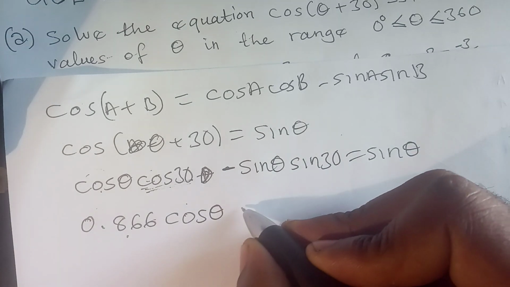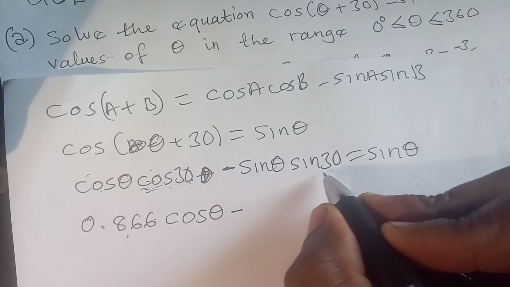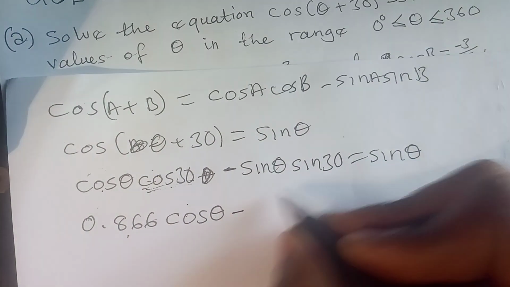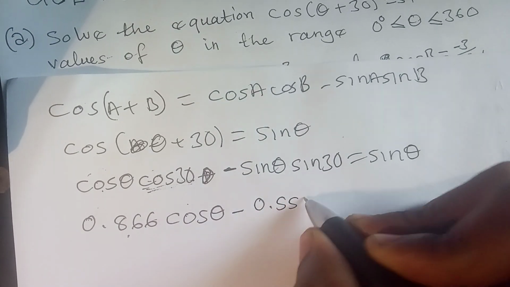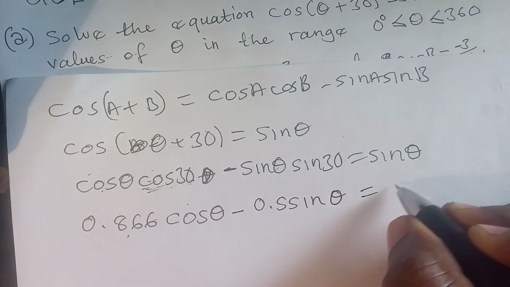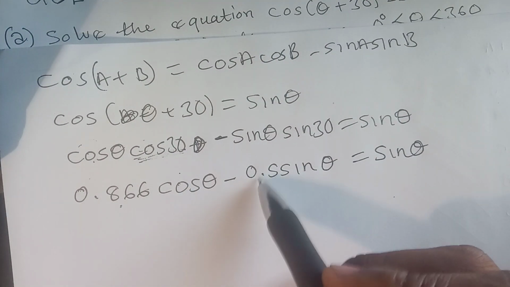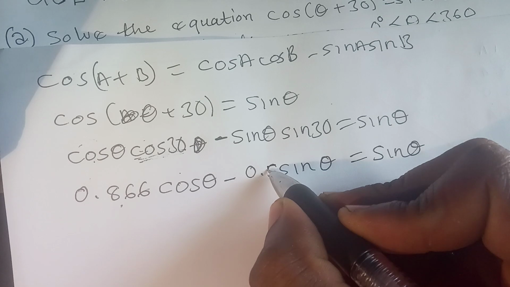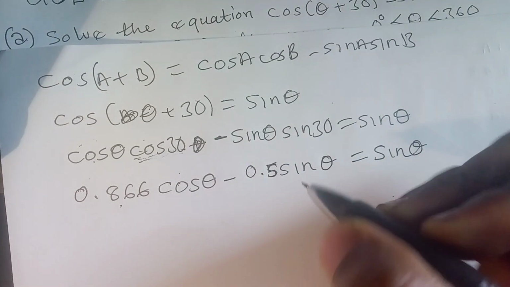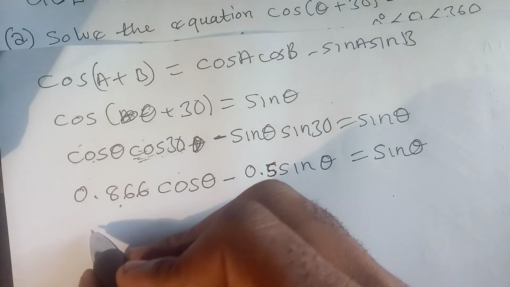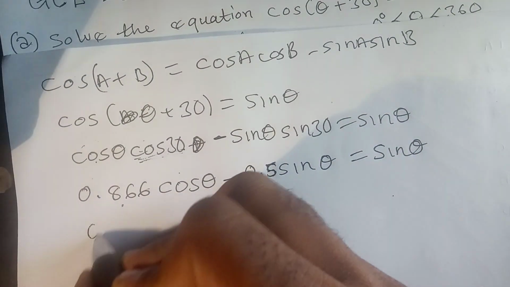And then sin 30, this one is well known as well. This is 0.5 sin theta, which is equal to sin theta. Then if I take this one to the other side, by the way, this is my S. It looks a bit like an 8.